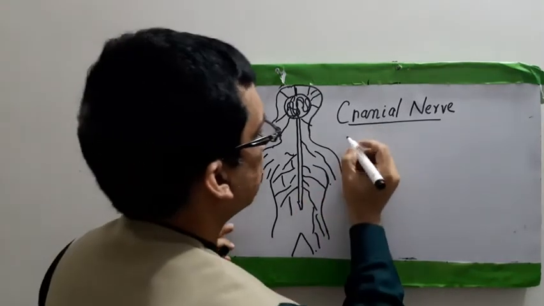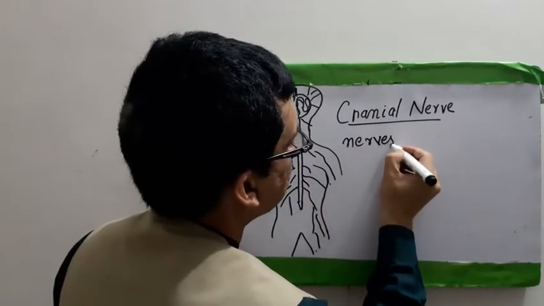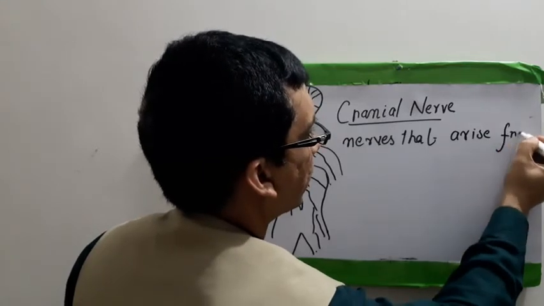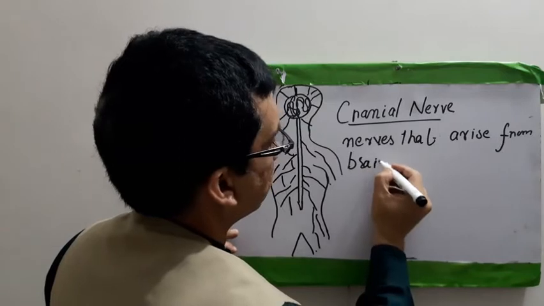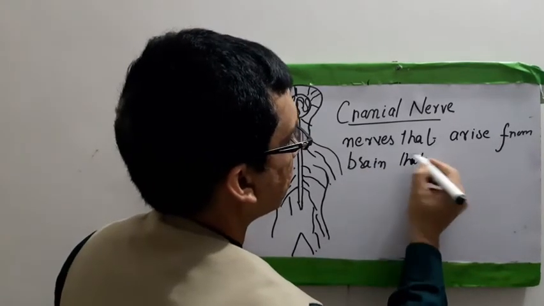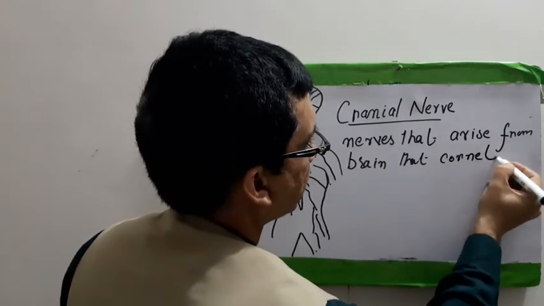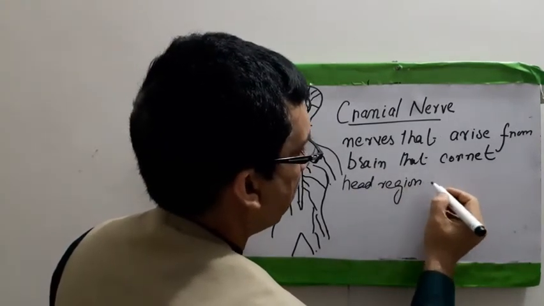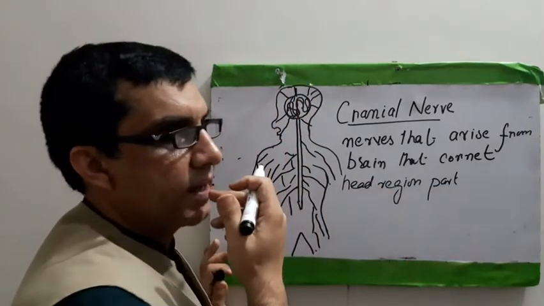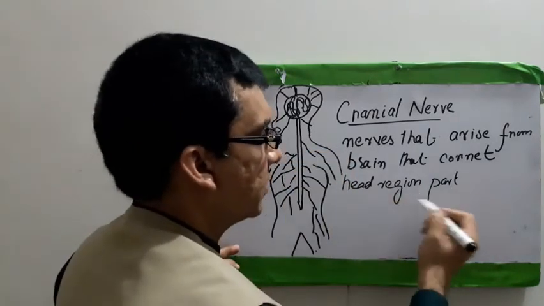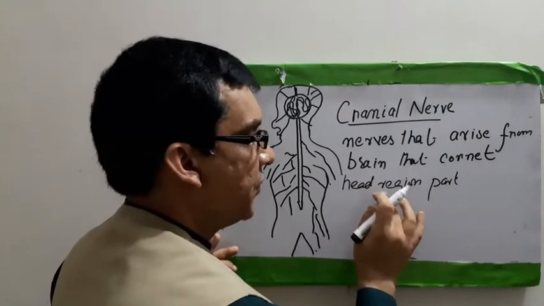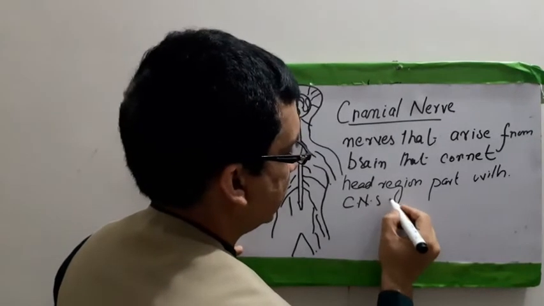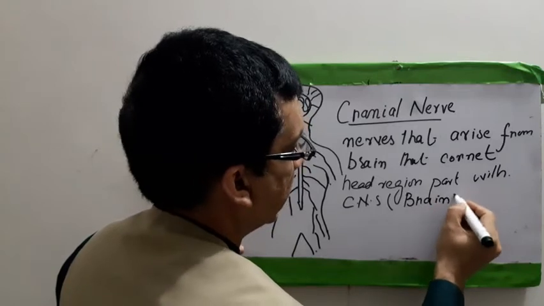So what are cranial nerves? The nerves that arise from the brain and connect head region parts like the oral cavity, the nose, eyes, etc. These organs are present in the head region, so they connect the head region parts with the central nervous system, and that is the brain.